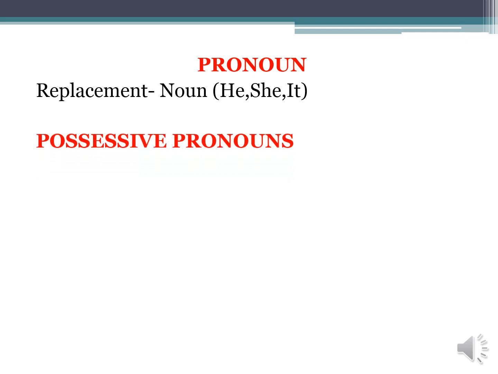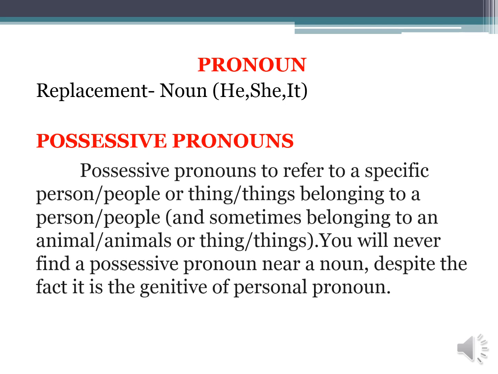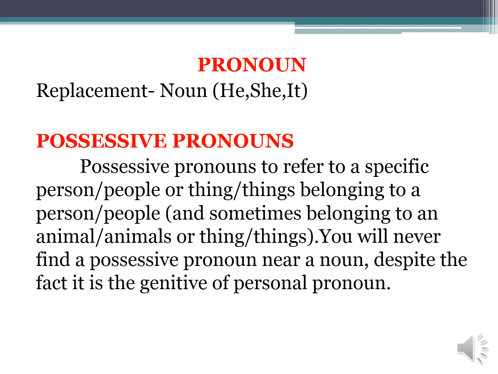First type of pronoun is possessive pronouns. Possessive pronouns refer to a specific person, people, or thing belonging to a person, animal or things. You will never find a possessive pronoun near a noun, despite the fact that it is the genitive of the personal pronoun.